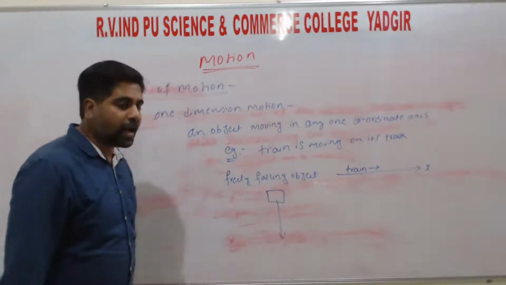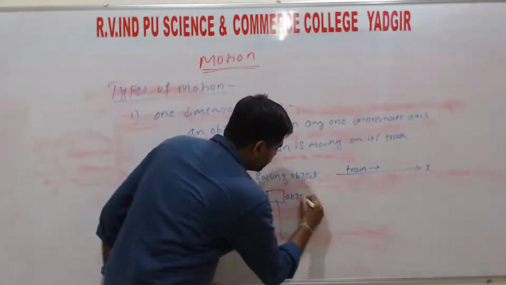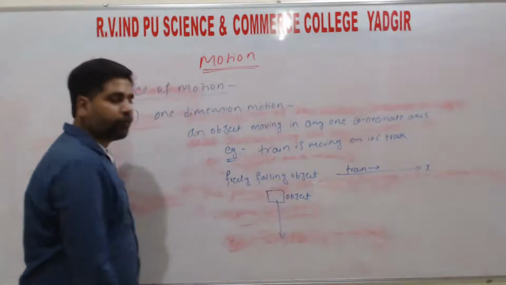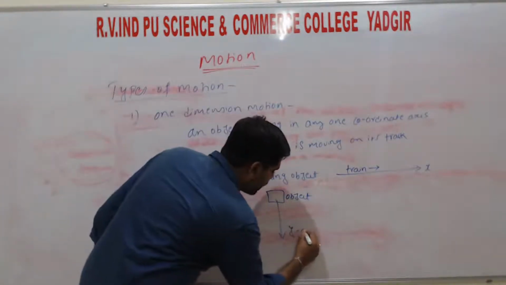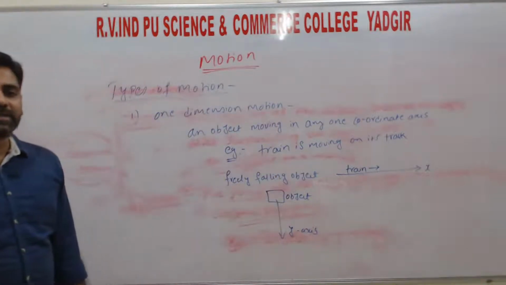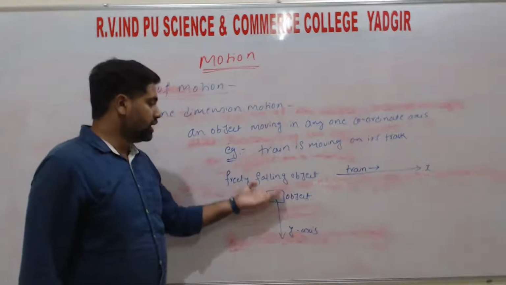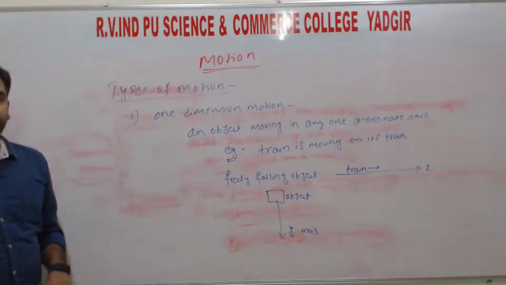The y coordinate axis, right? This object is falling freely downwards. So here which axis is it? The y-axis. So it follows only one coordinate axis. Hence these types of motion we call one dimension motion.